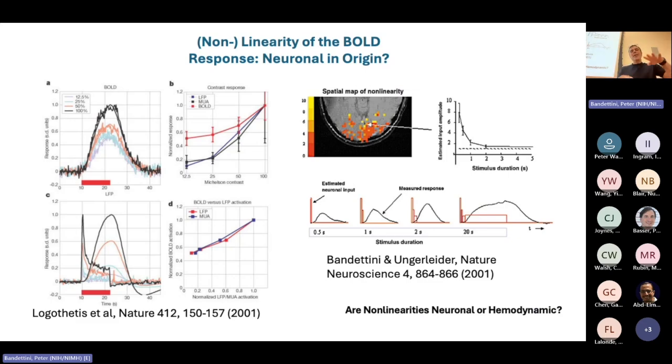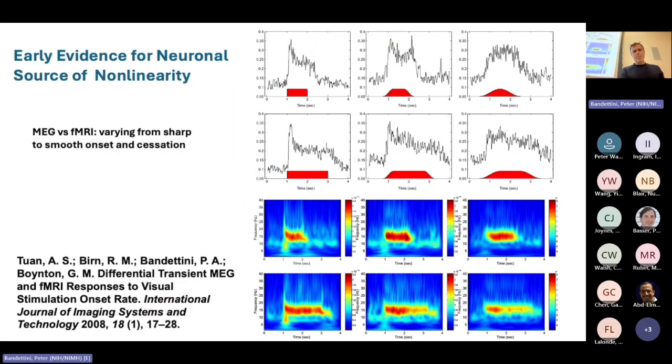So basically anything that's a weak stimulus seems like it's overrepresented, either brief or very weak. BOLD slightly overrepresents that.